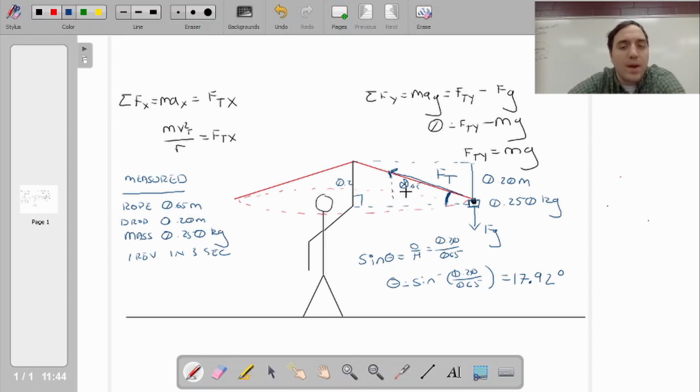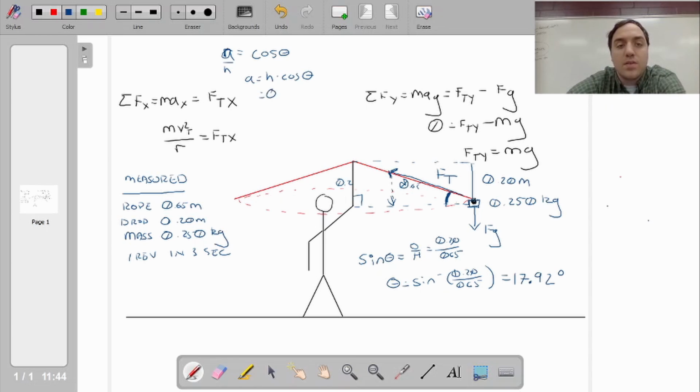I also need to know what my radius is. My radius is not the length of the rope, it's actually this side here. So let's start by finding r. R is the adjacent side. So if I do adjacent over hypotenuse equals cosine, or I can say adjacent equals hypotenuse times cosine of an angle.